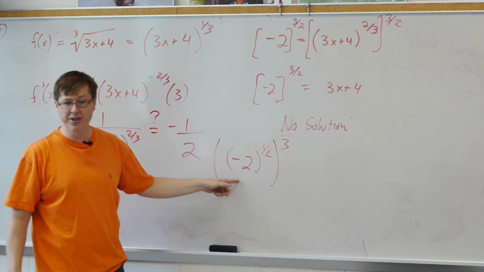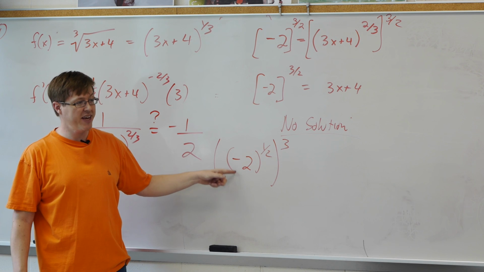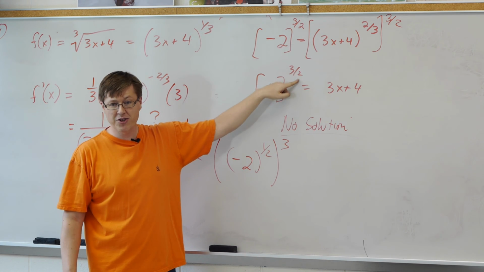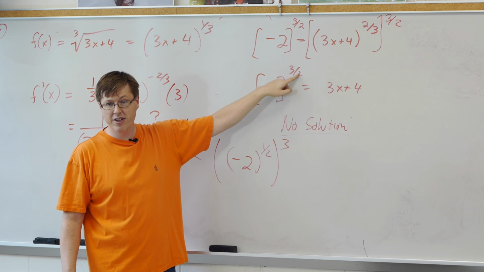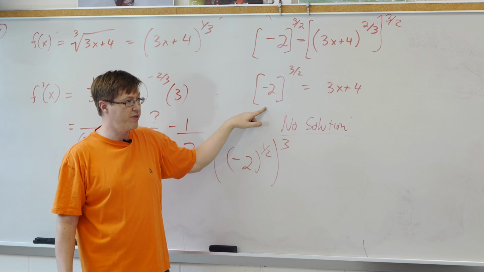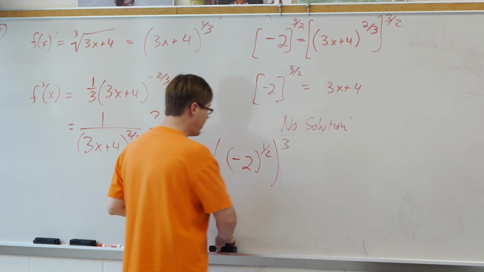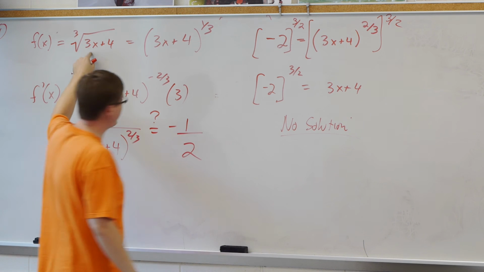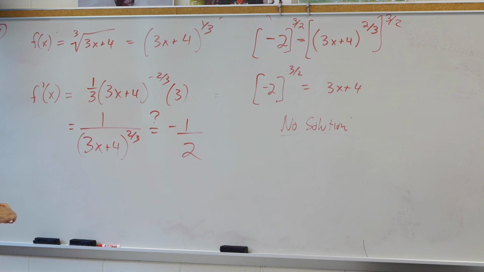So this is still no solution. You can't take an even root of a negative number. However this fraction looks, if that bottom number is even, you can't take an even root of a negative number without using imaginaries. And we don't care for imaginaries, because we're just looking at real numbers.